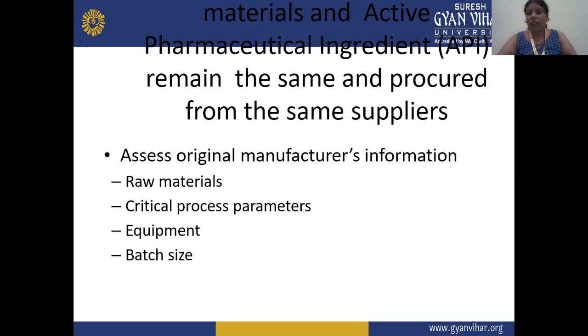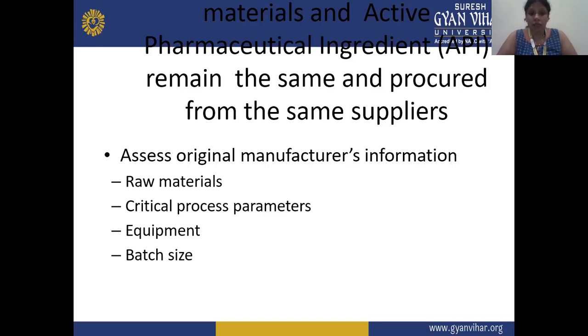So in technology transfer also you need to transfer the critical process parameter list to the receiving company, so that they can make a good quality product, because they can critically measure and properly monitor the process parameters.